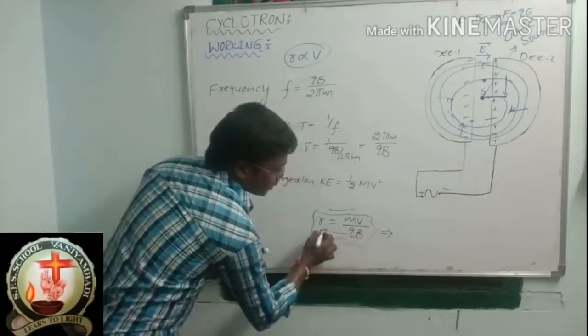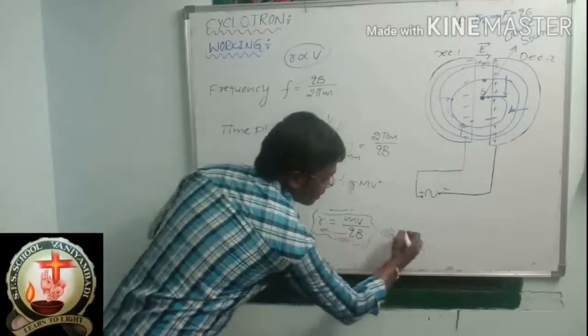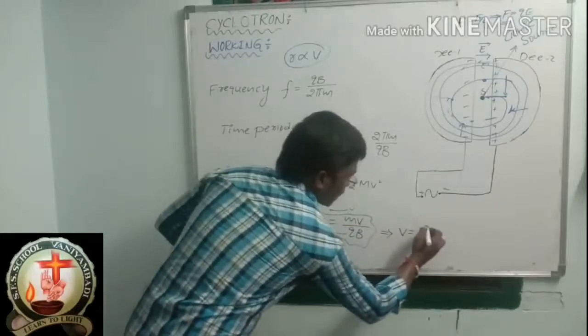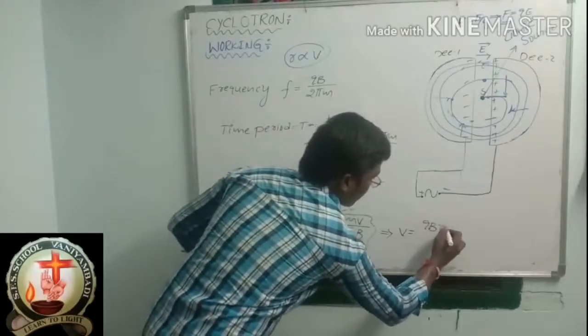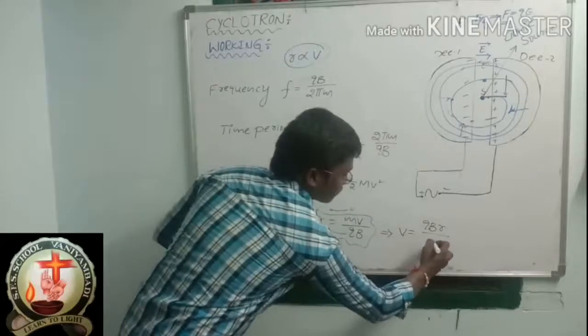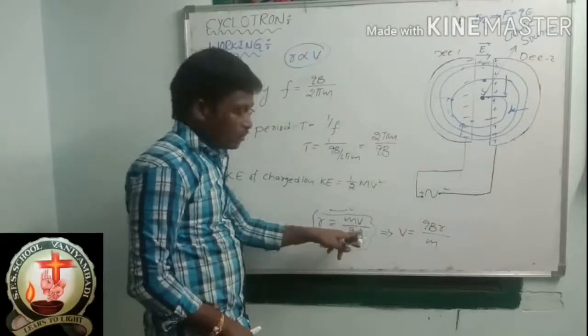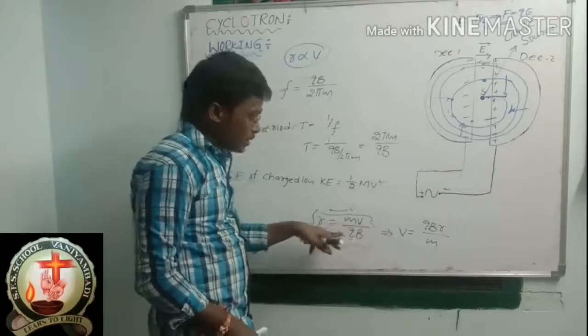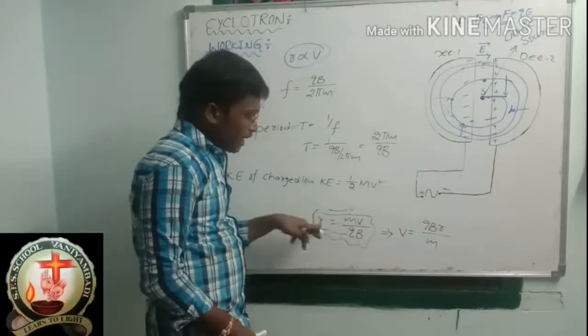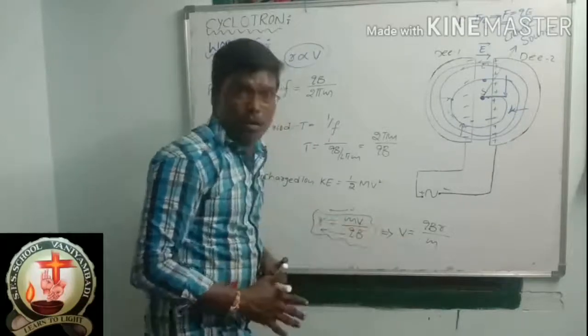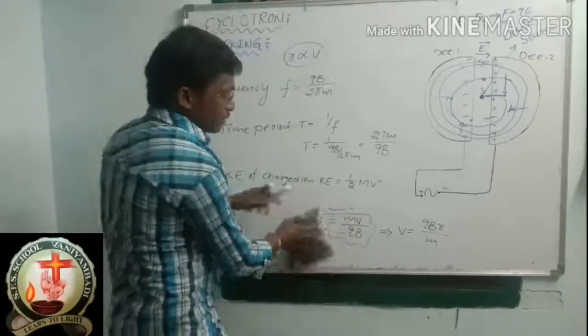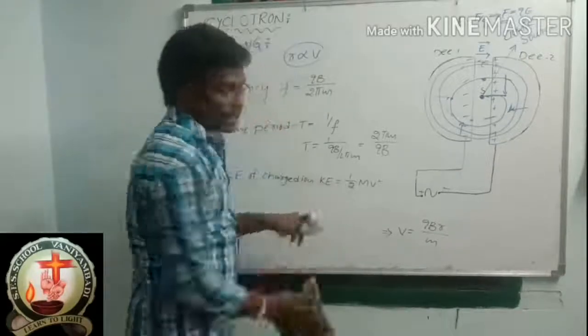So we send these terms and m also to this side. So v is equal to qBr by m. From this expression I found the v value, v is equal to qBr by m. Now please take this v value and substitute it in the kinetic energy expression.